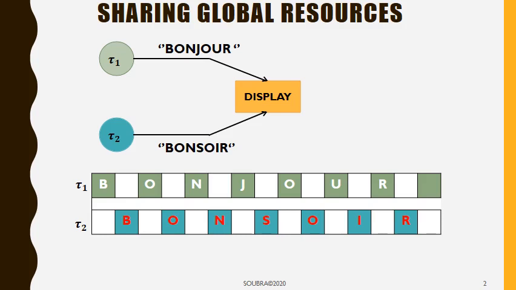All right, so now we're gonna check what happens when tasks are not independent, and a non-independent set of tasks means that they'll be sharing global resources.